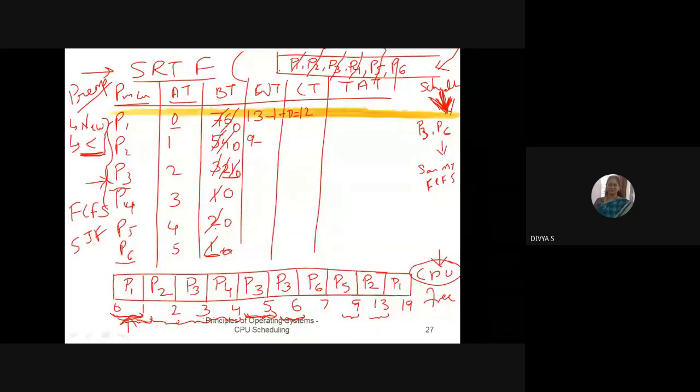Where is that? Here, right? Now what is the time interval here? 1 minus 2, 1, right? Did the same process occur a third time? No, right? So now deduct the arrival time, minus 1 is equal to how much? Am I correct? Yes, ma'am. Okay. Now P2 is completed.